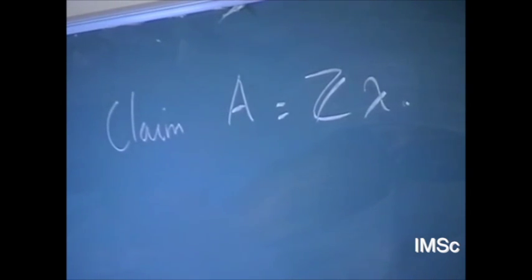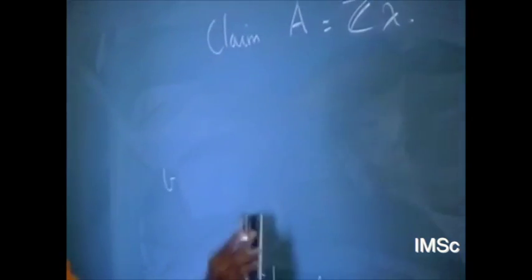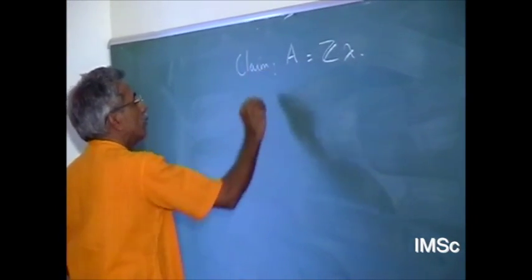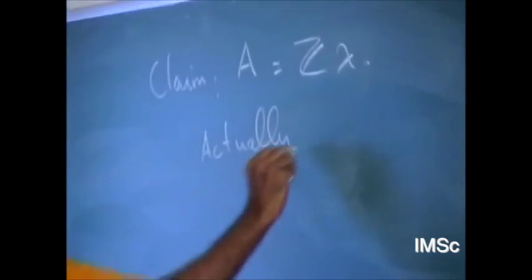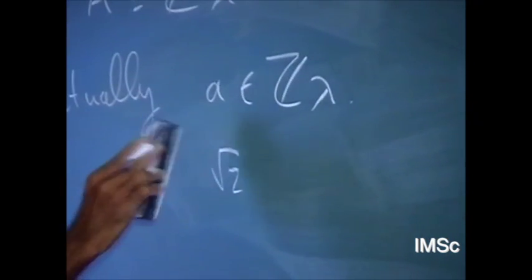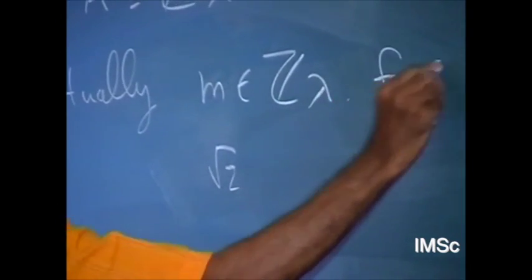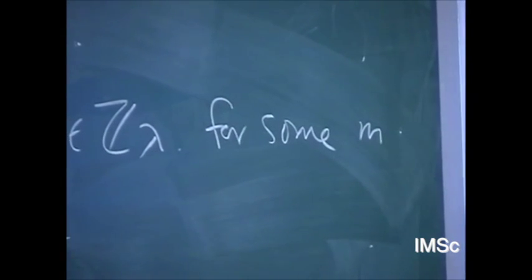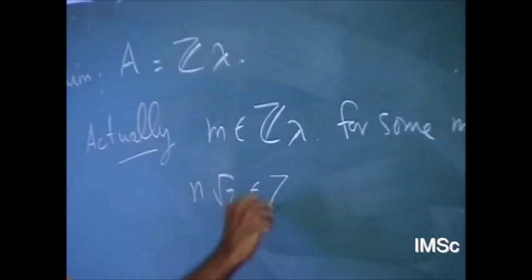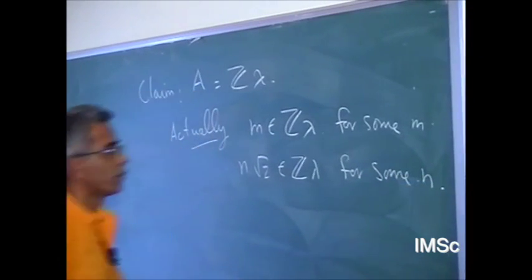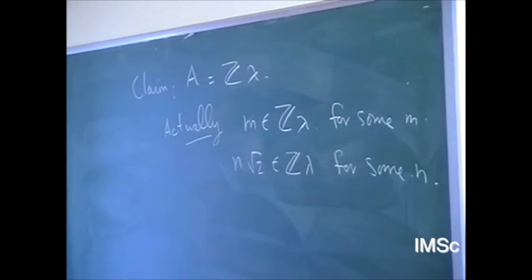I will tell you why it has to happen. The claim is that 1 belongs to this set, and also root 2 belongs to it.